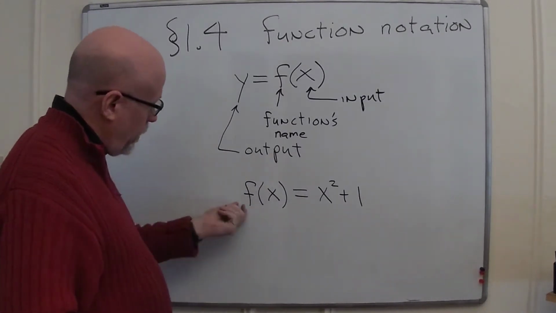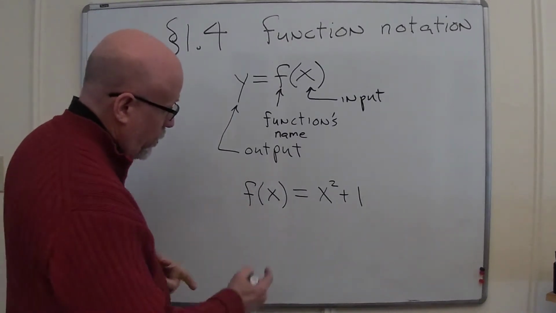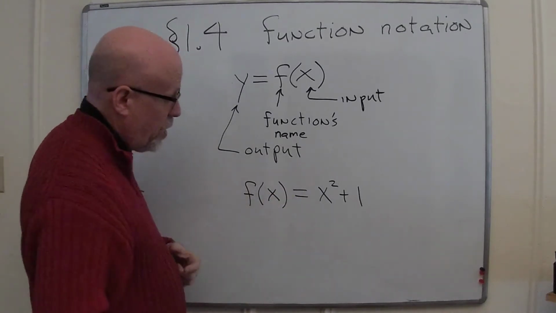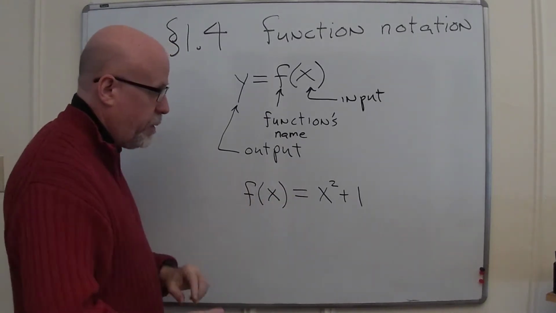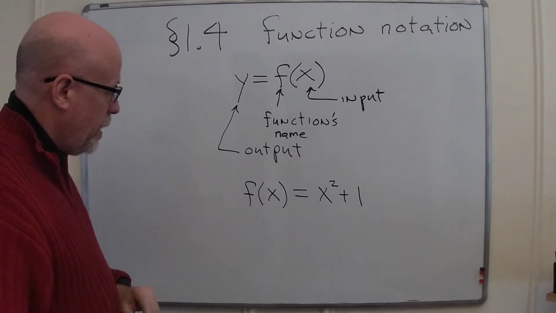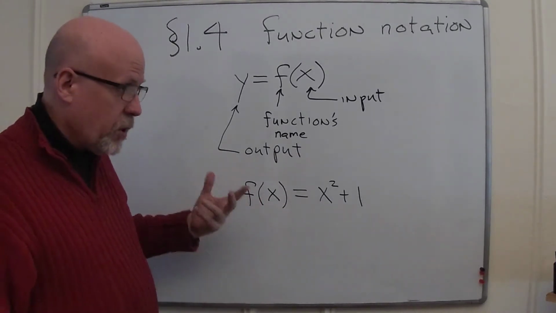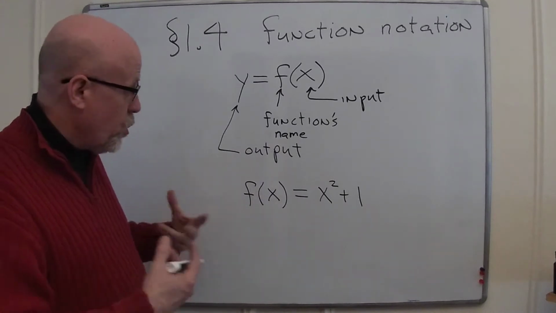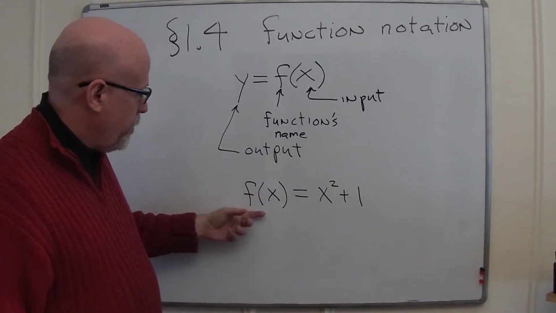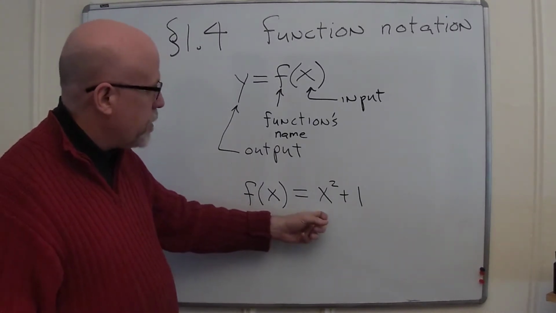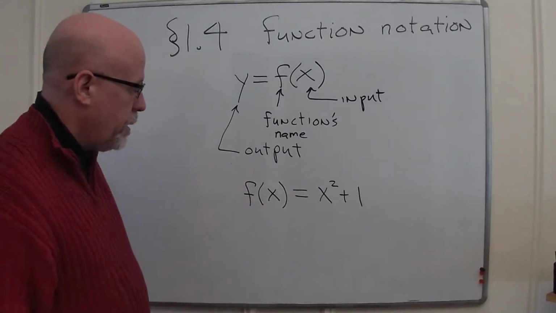So what's really happening with this equal sign is we're defining what the function f is all about. If I say it in words, f is the action. By the way, functions should be thought of as verbs. They're doing something. Here, f is the action that first squares its input and then adds 1 to the result of that.